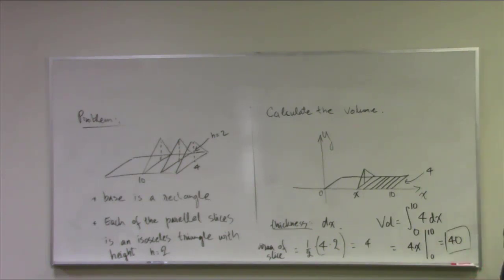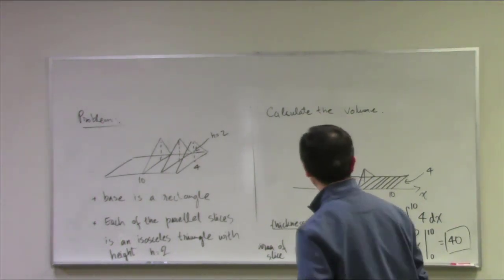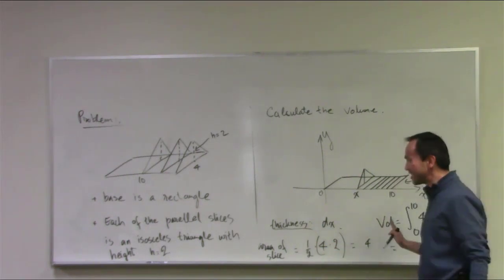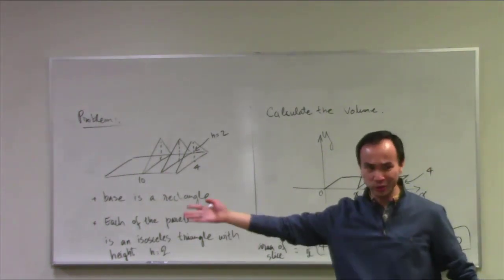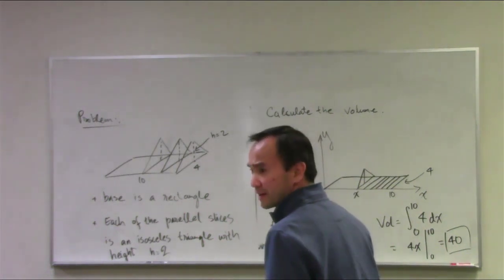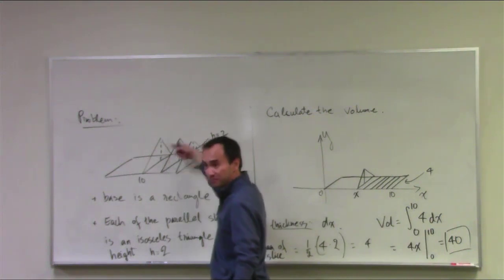So let's check. We did that with the calculus methods, using cross-sections and accumulating the cross-sections. But like I said, we didn't need to. We don't need calculus to know how to find this volume. As a matter of fact, what kind of figure is it? It's just a triangular prism, right?